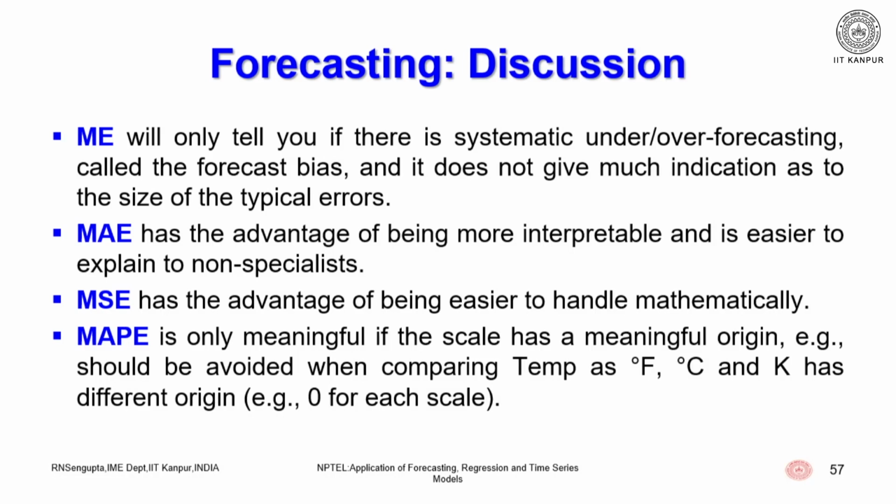Mean absolute error has the advantage of being more interpretable and easier to explain to non-specialists, because the idea of negative and positive error is reflected by considering them all with the positive sign.